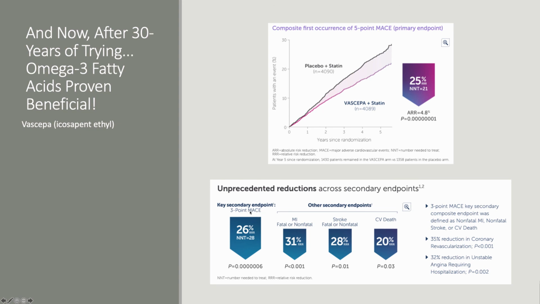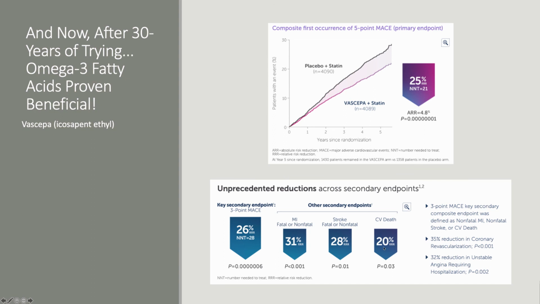So MACE is major adverse cardiac events. And this includes heart attack, stroke, heart failure, things that are really major things. Cardiovascular death, stroke, fatal or non-fatal MI. Those are major adverse cardiac events. So we reduce all three of these together.